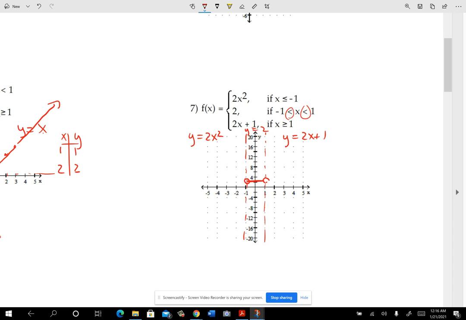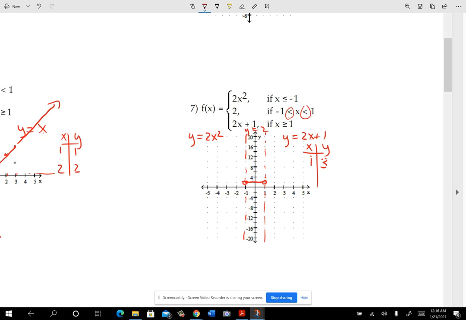Okay. All right, then to the right, I'm going to have y equals 2x plus 1. You might just put in a 1, and you see the y would be 3. So that would be about right there. I got that being too big. You can't really see. So here's y equal 2, open circle on either end.